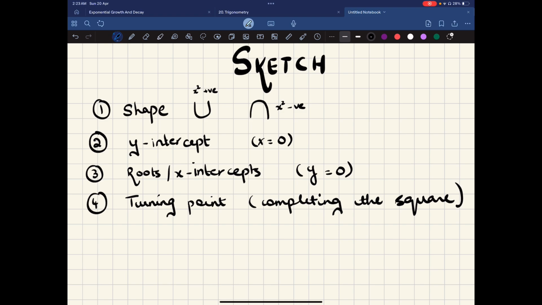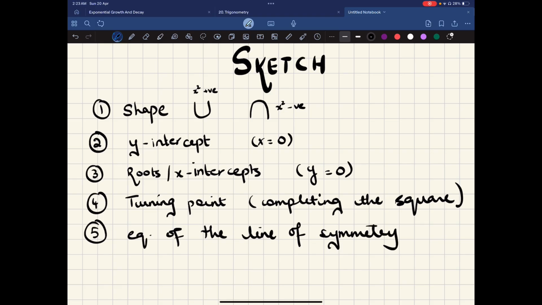And then, this isn't always necessary, but you can figure out the equation of the line of symmetry. What is it going to be? It's going to be a vertical line.